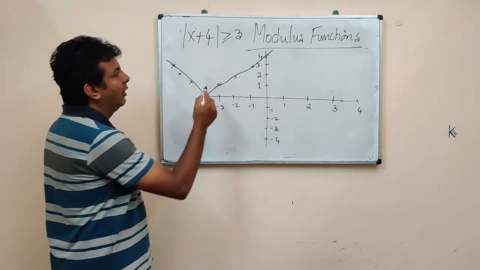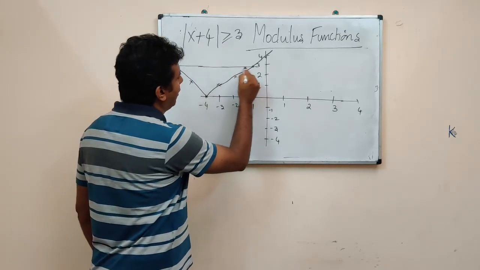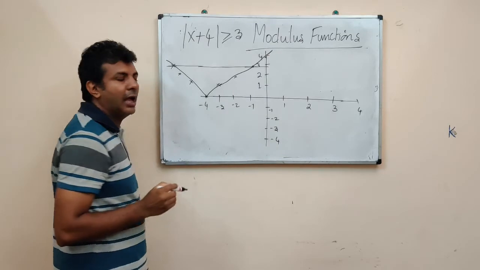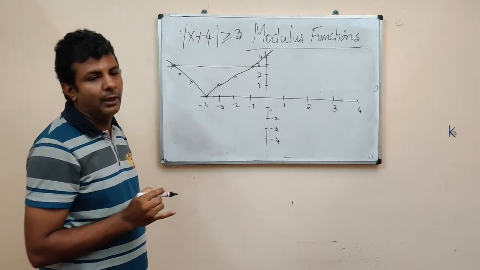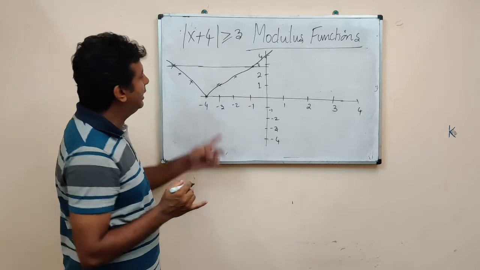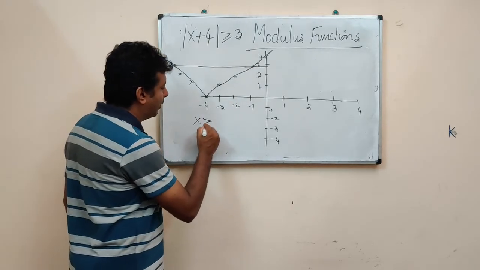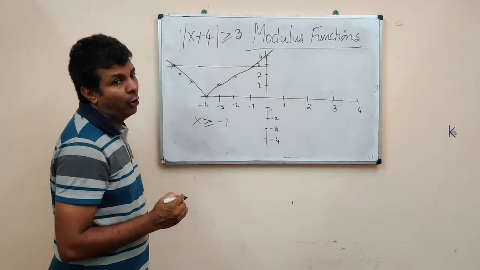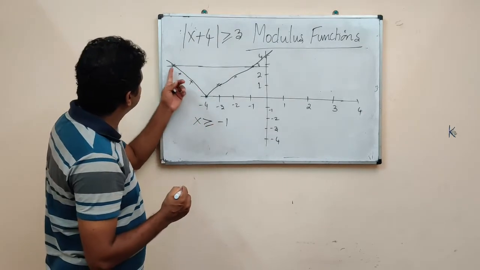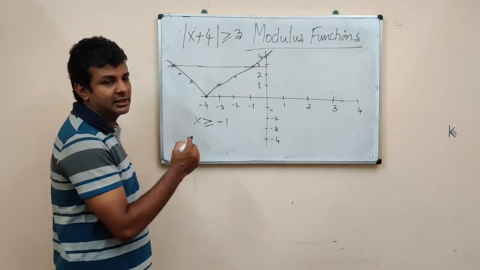Now we have to take the values which are greater than or equal to 3. What does this tell us? This tells us that either x should be greater than or equal to minus 1, or x should be less than or equal to minus 7.